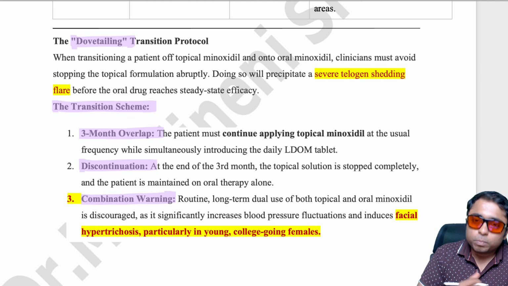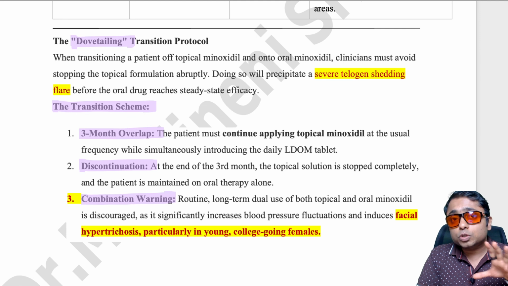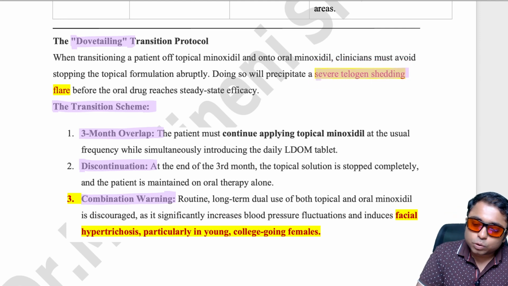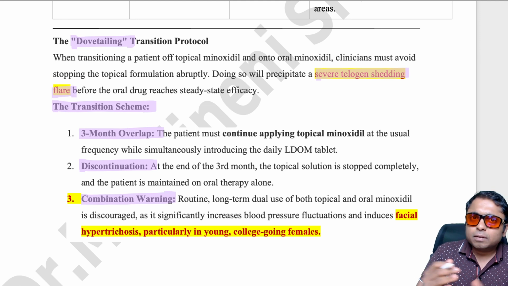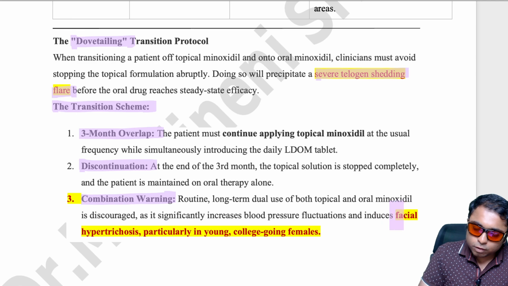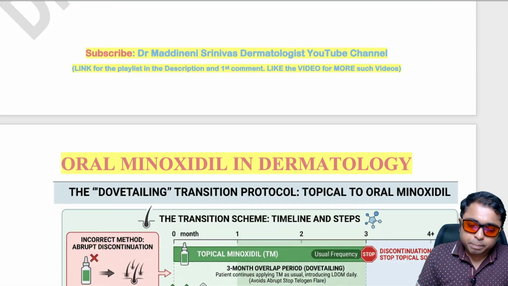So this is one problem which we should counsel the patient about, and we should take care that the patient does not stop the topical minoxidil suddenly, because it could lead to a severe telogen shedding flare. And while using this in combination, there is a high likelihood of facial hypertrichosis. We should also explain this to the patients.